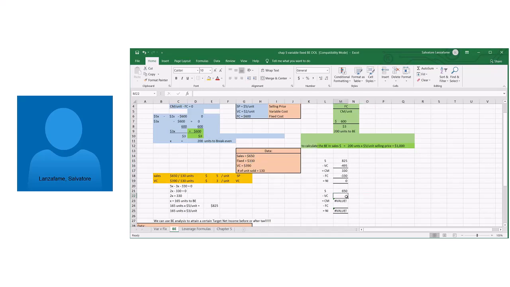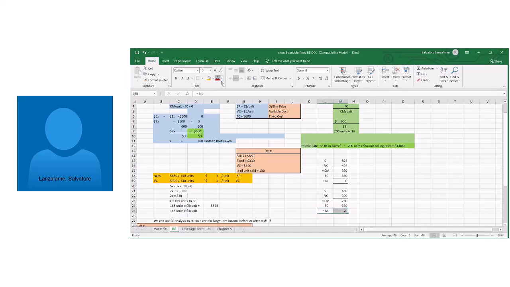Variable costs, 390, bringing the contribution margin down to 260. And the fixed costs unaffected by activity. You can see in the original data, they had a loss of $70. I'll actually write an L here and put that in red.